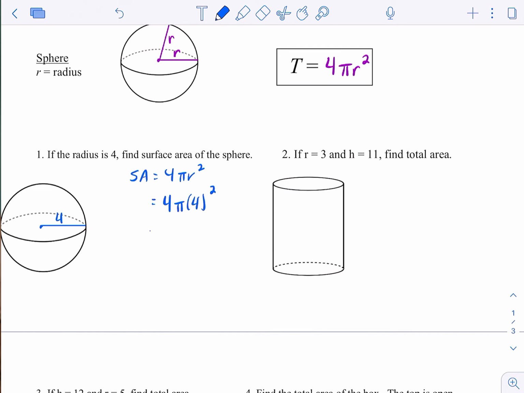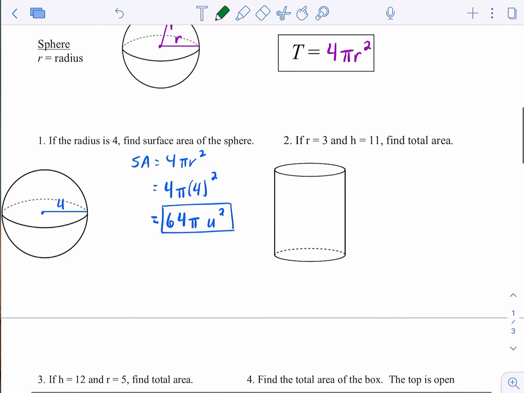That becomes 16 times 4. And so that makes this 64 pi units squared. So it would take 64 pi, which we could multiply 64 by pi if we wanted to get the exact amount. It would take that much material to cover the surface of a sphere with radius 4. All right, let's go on to the next one.